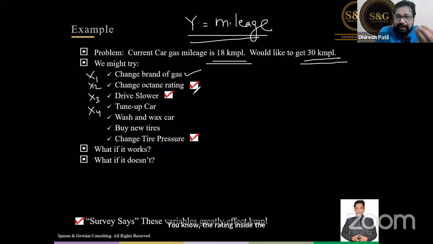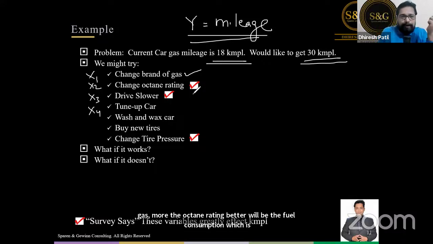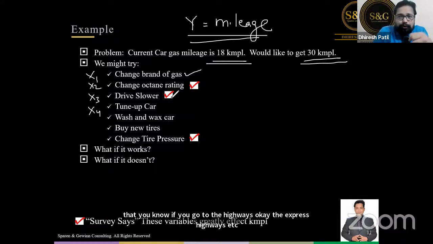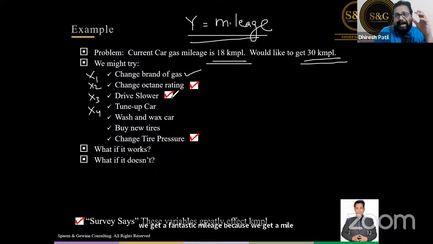The higher the octane rating, the better the fuel consumption, so mileage will be better. Okay. The speed of the driving. Now, you already know that if you go on the express highways, we get fantastic mileage because there is no changing of gears and no acceleration, deceleration, correct? So the speed of the driving decides the mileage in a big way, right?